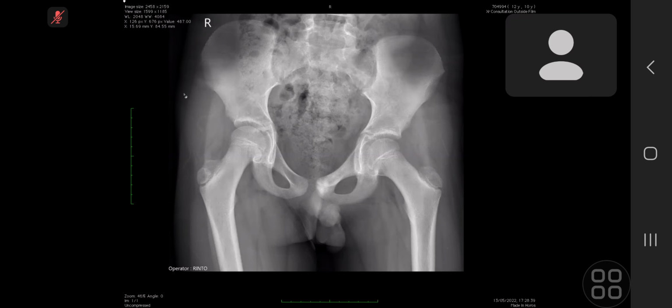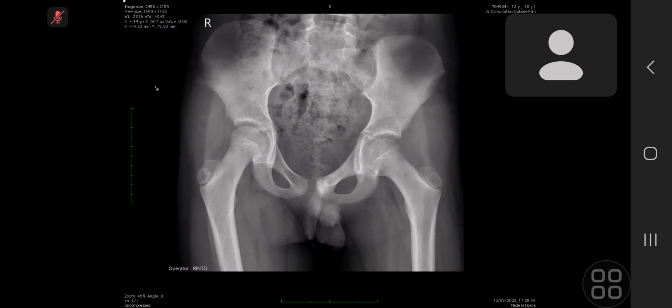Okay, so I'm presented with an immature pelvic X-ray. So I'm looking on first glance. You can see that there is a slight reduction of the right femoral epiphysis in comparison to the left.